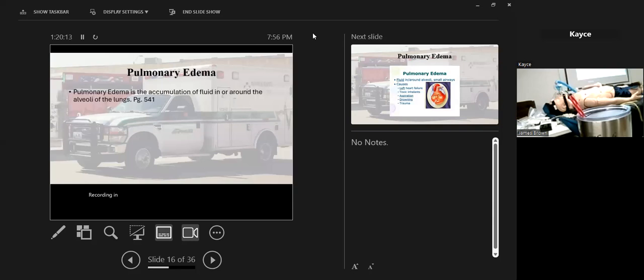All right, so what are some causes of it? We started talking about heart failure. So heart failure is probably the biggest one out there. Another one is drownings.